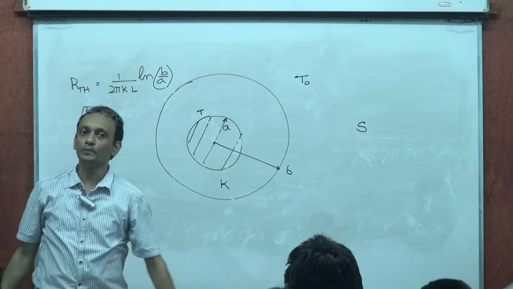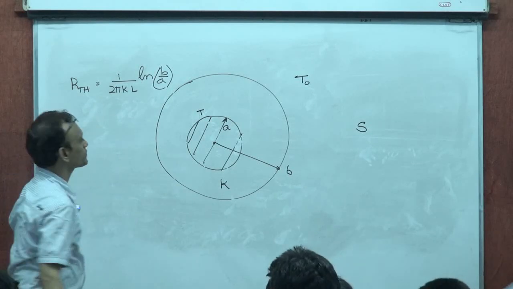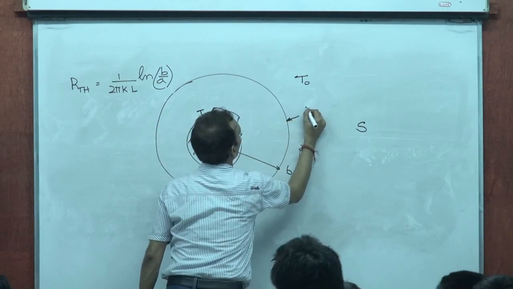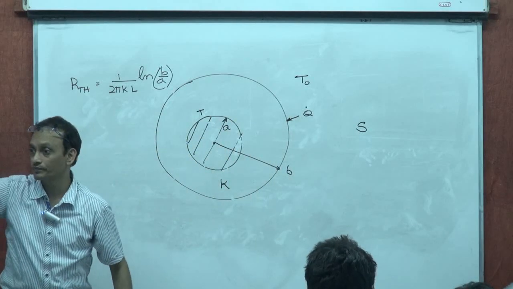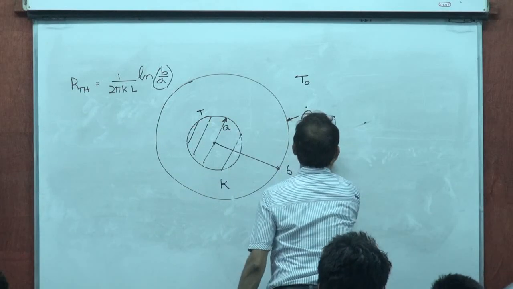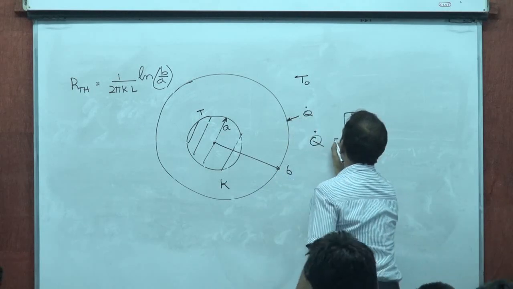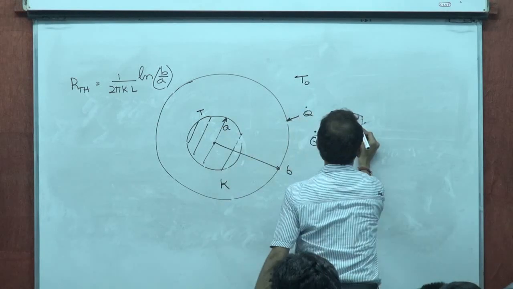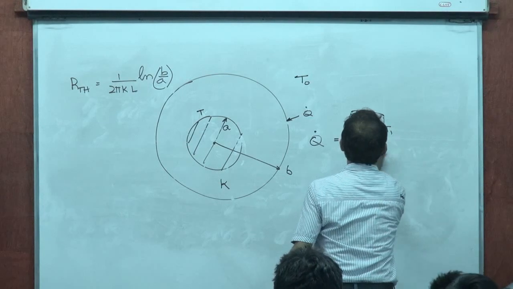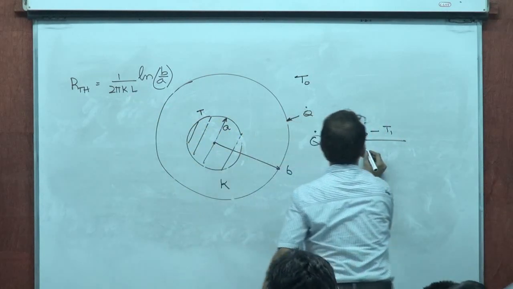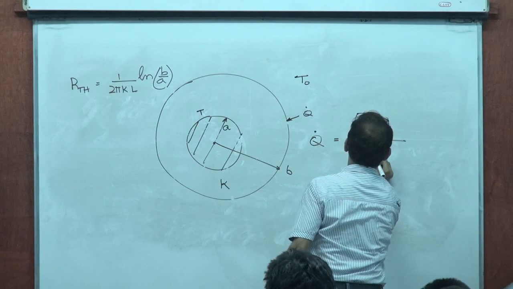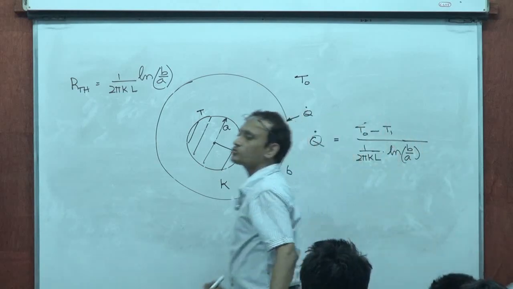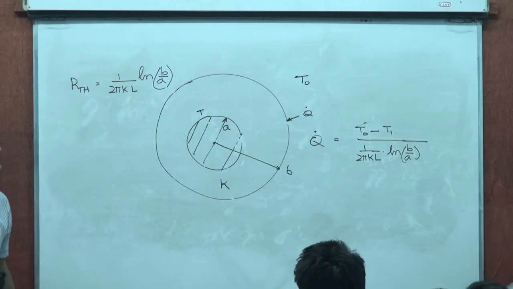1 by 2 pi KL log B by A is the thermal resistance of this. Now, at any given instant of time, the heat current Q dot that's flowing through all cross sections is going to be the potential difference, which is T naught minus T, divided by the thermal resistance, which is 1 by 2 pi KL log B by A. That's going to be the heat current, right?